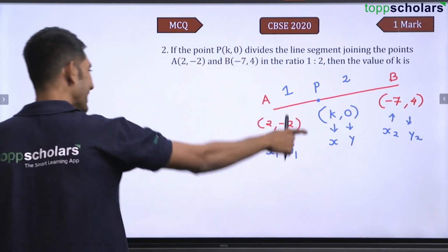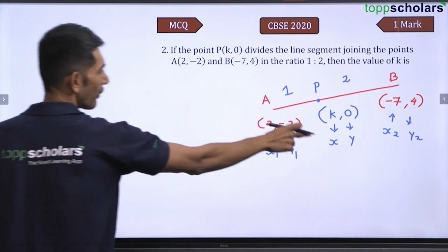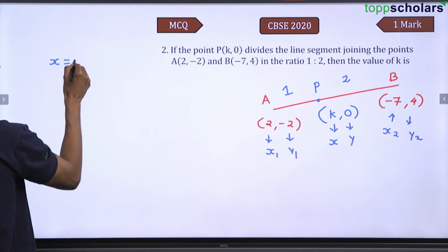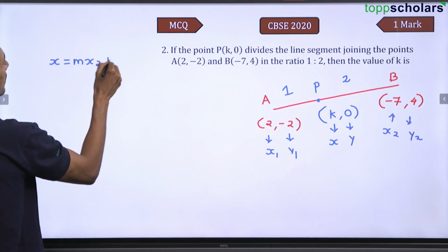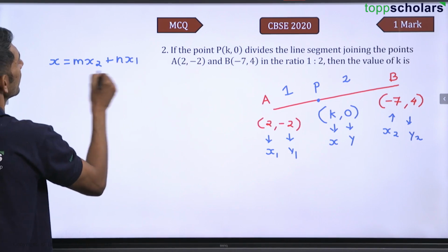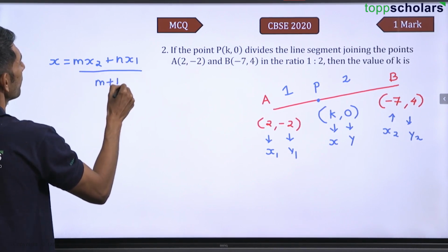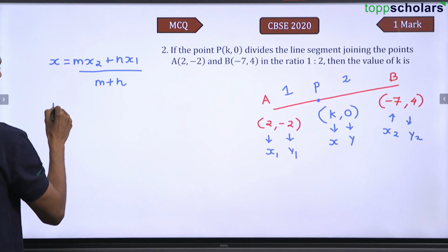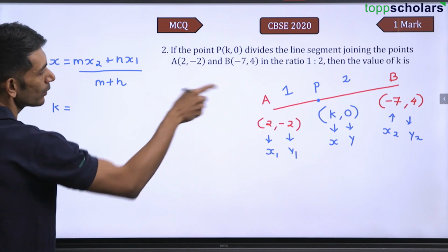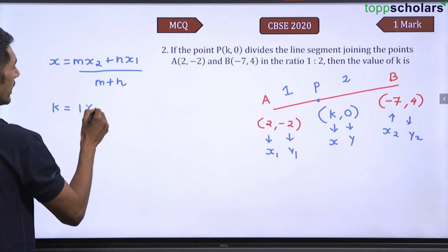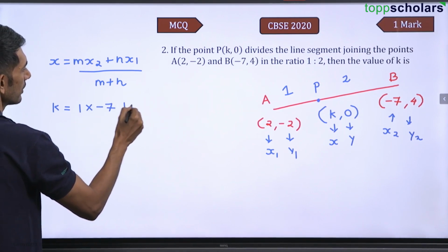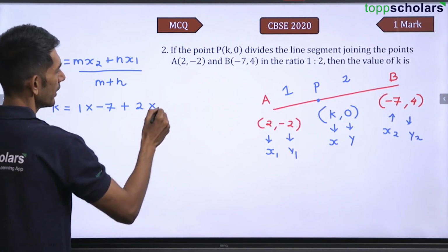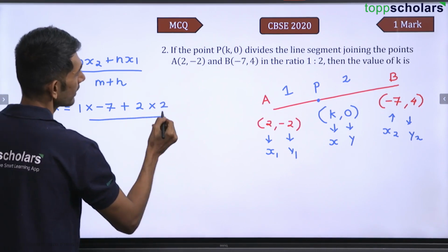Now we know that we need to find out the value of K. So for that we will use the formula of x, right? That is x is equal to mx2 plus nx1 by m plus n. So what is x? The value of x is K. So K is equal to m into x2, that is 1 into -7, plus n into x1, that is 2 into 2, by m plus n.